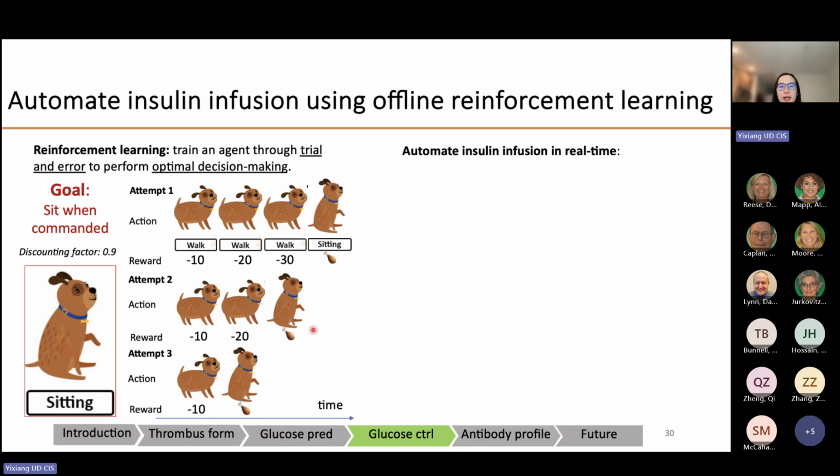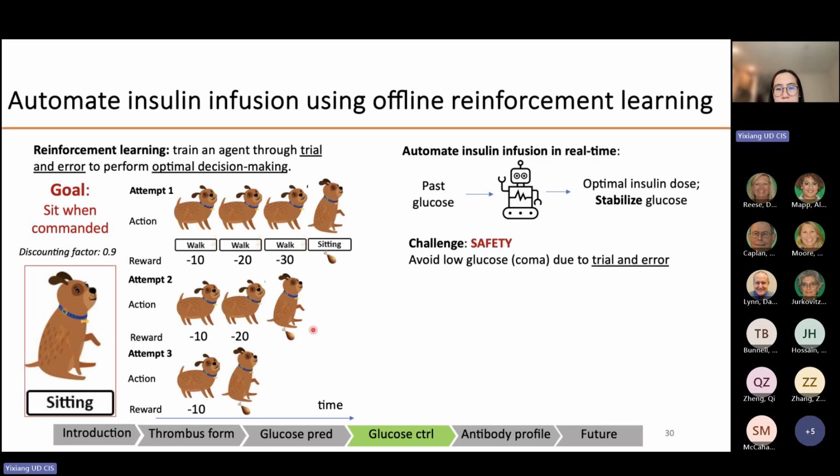Okay, so going back to our problem, when we want to automate the insulin infusion in real time, we're actually taking the past glucose, because that's mostly the wearable data we can acquire, and then we train these algorithms to optimize insulin dosage and to stabilize our glucose.